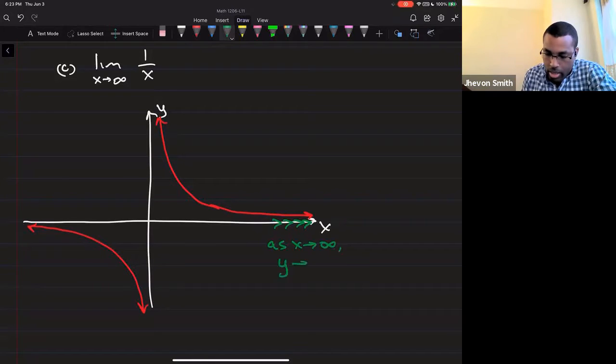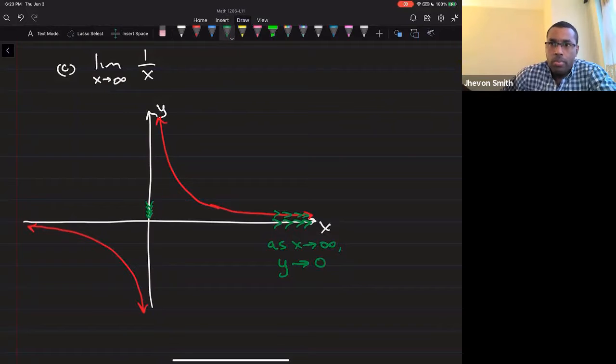Now remember, the limit cares about what the y value is getting close to. What is it getting close to? 0. It's getting close to 0, right? As you're on this graph and you go over here and you track the y values, you realize that it's always going down.